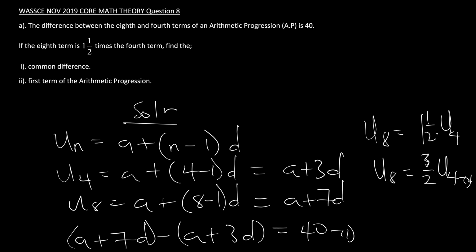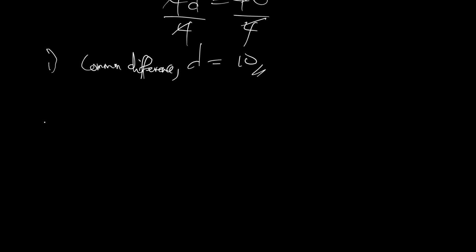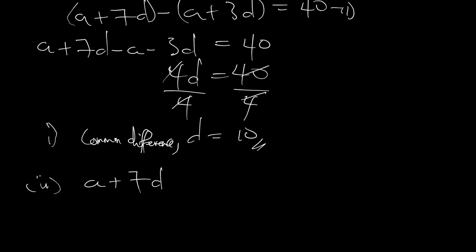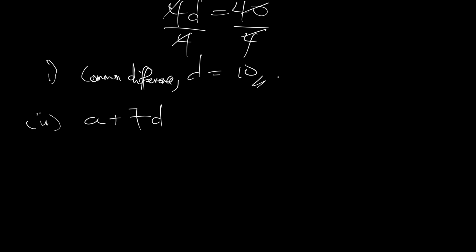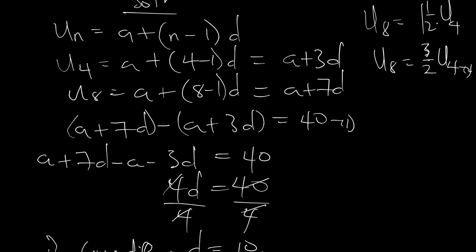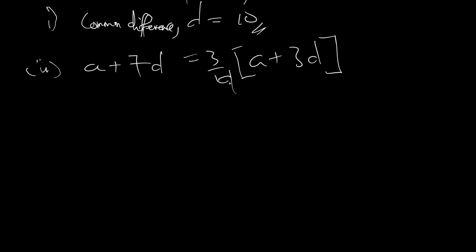(ii) Find the first term of the arithmetic progression. Now we are saying that a plus 7d is equal to 3 over 2 of a plus 3d. From equation 2, the 8th term is equal to 3 over 2 the 4th term.